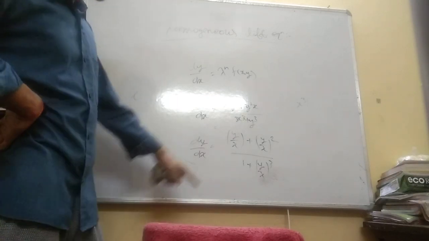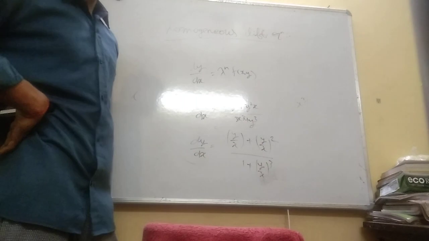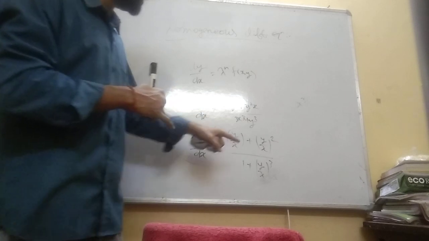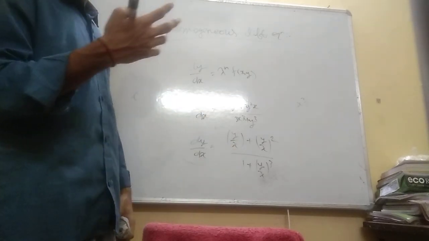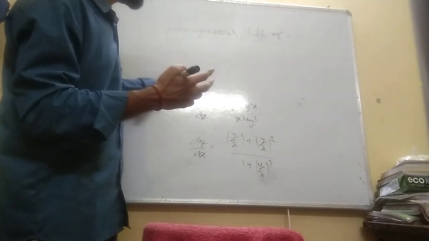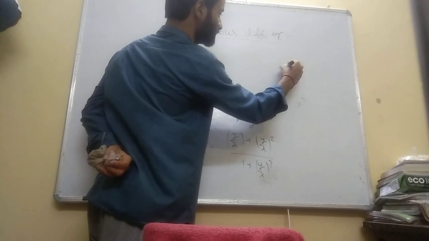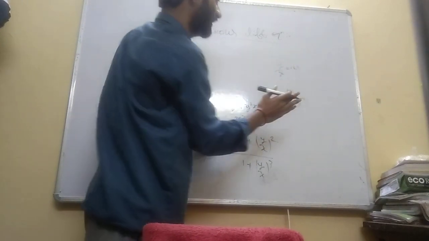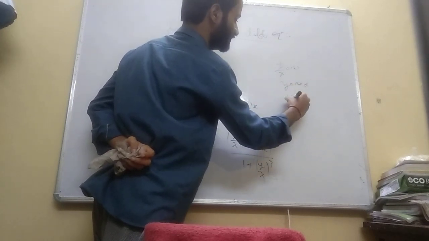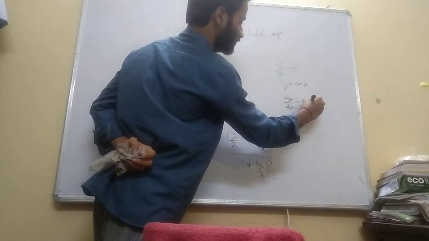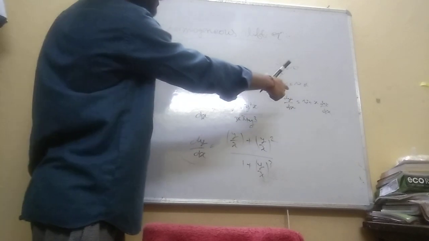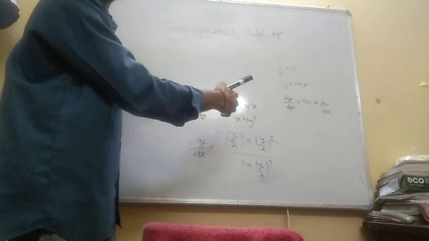Now we have to consider y by x as some different variable, like we can consider y by x equal to v, and sometimes it may be possible that we will have to consider x by y equal to v. So it depends on different circumstances and problems, and according to that we have to take the decision. So I can consider y by x is equal to v, and then y is equal to vx, and dy by dx is equal to v plus x dv by dx, and I will put this value here, and then I will try to solve this.